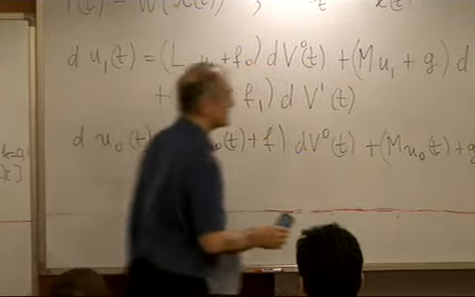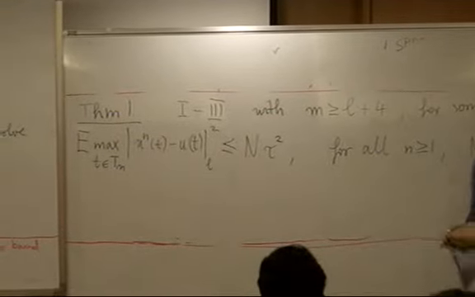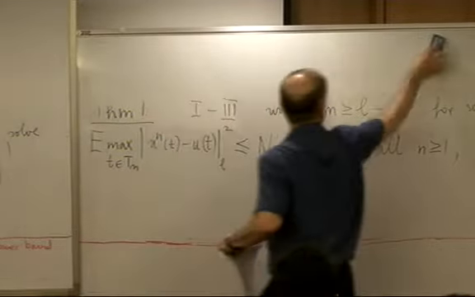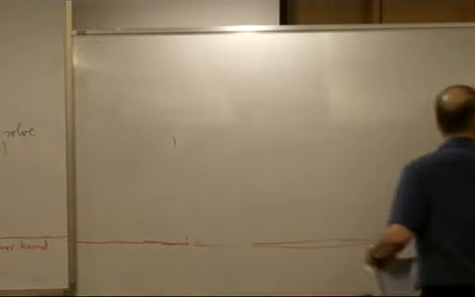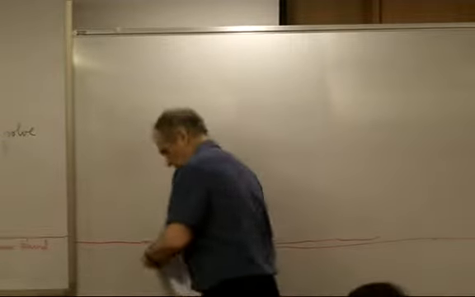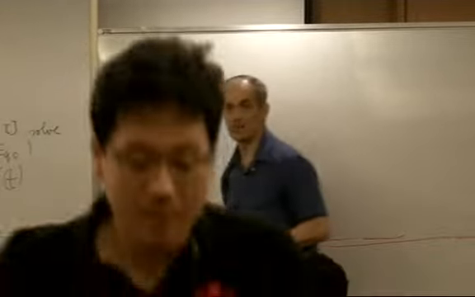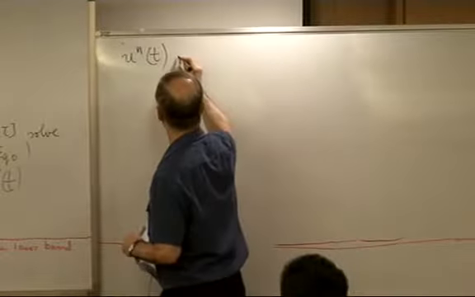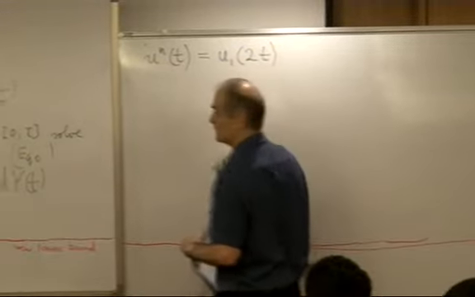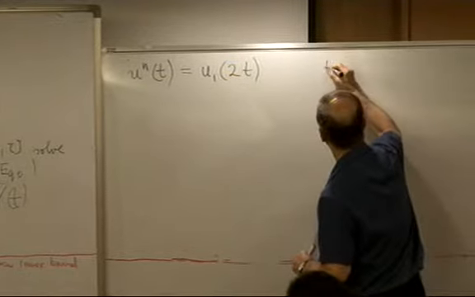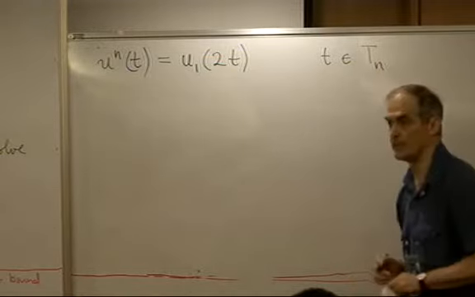So this is then synchronized to that in which way? What can we say? That the u n t, the approximation, the splitting up approximation, is the same as u1 2t at the point t from the tau n.